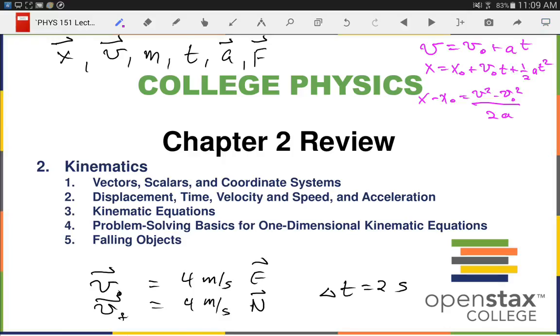I happen to write it in the way you'd write it if you're looking for position. I trust everybody has the mathematical skill to solve this for any one of the variables. These are the 3 kinematic equations that I consider the kinematic equations.